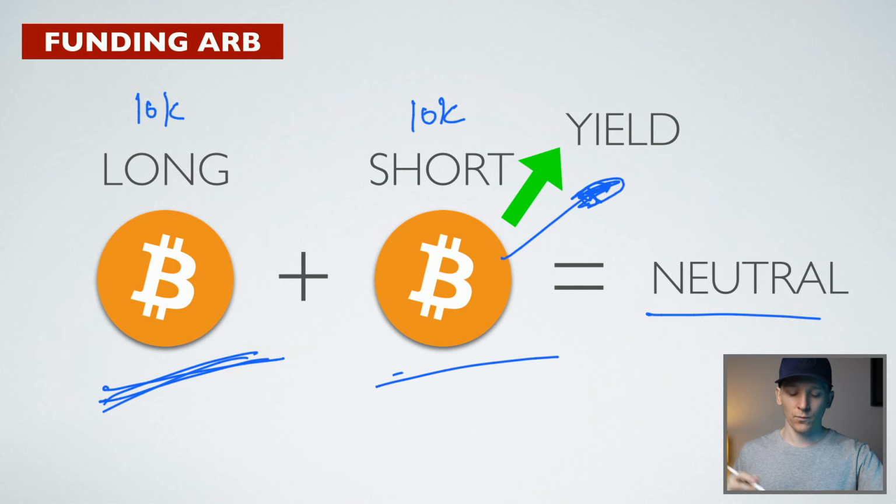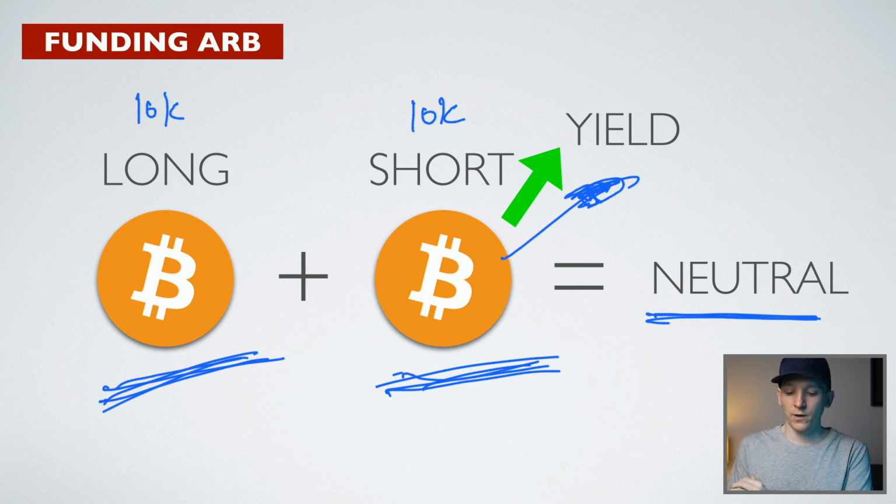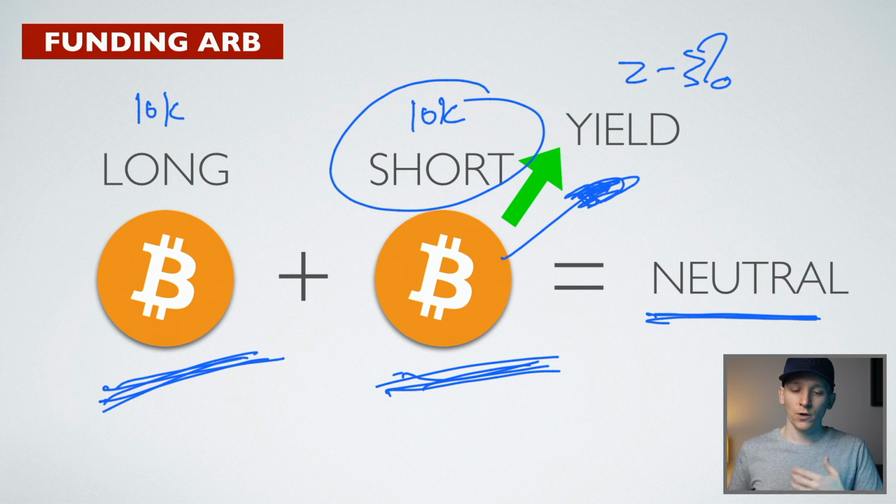In terms of this, what you have to be careful of is, you're long in the spot market, you're short in the futures market, you have a neutral position, and hopefully you're earning that yield, which is like 2 to 3% right now. But because you're short here and you're leveraged, you could get stopped out if the price rises, even though you should be balancing the short and long, so you don't have a net position.